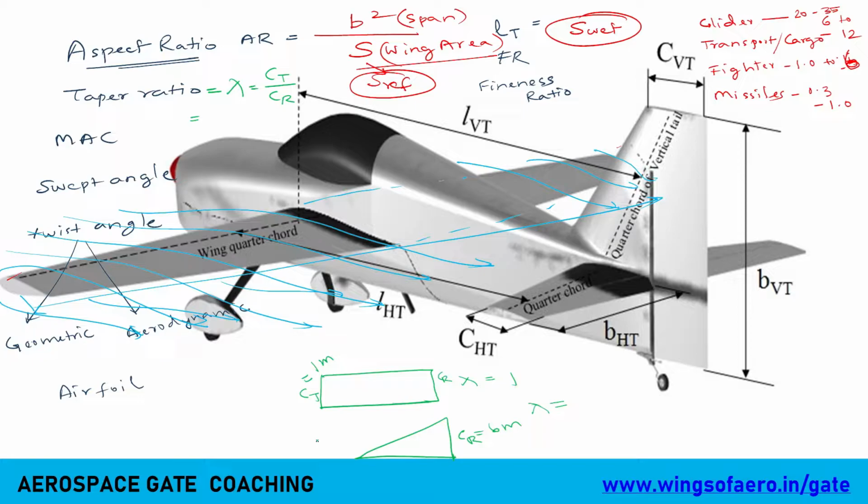Did I give anything here as 1? There is no value of 1, right? It is completely touching the corner, so there is no distance. That means the tip chord is 0. So 0 by 6 you will get as 0. So for the triangular wing, the taper ratio is 0.